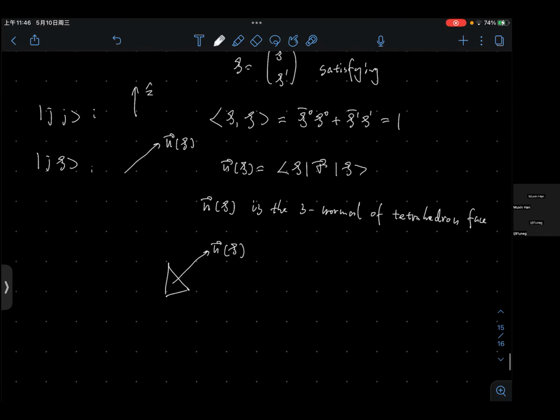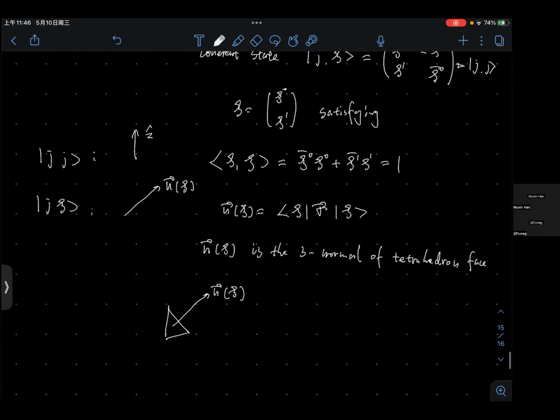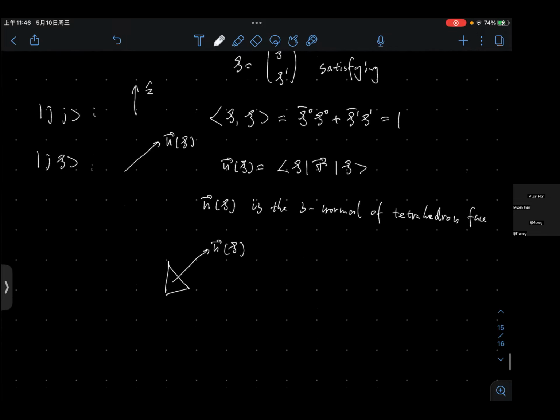All right. So now, once you have this coherent state, you can define a coherent intertwiner just by group averaging. Again, this is an SU2 intertwiner. Coherent intertwiner.